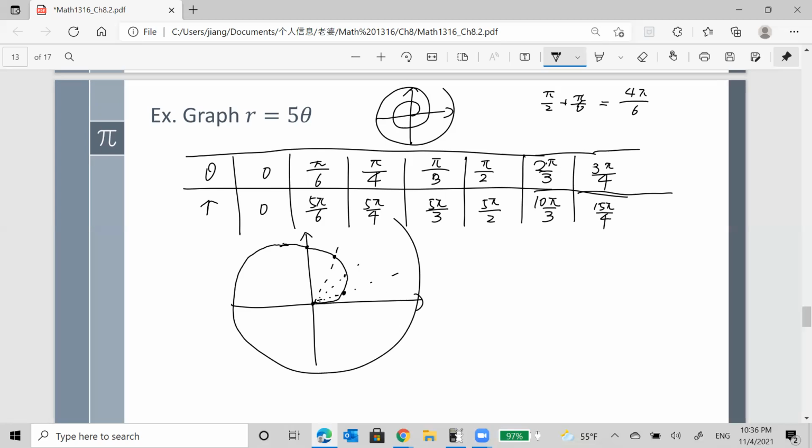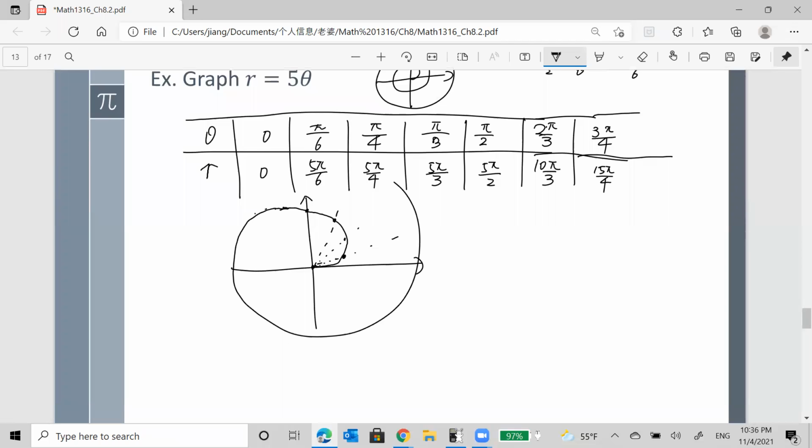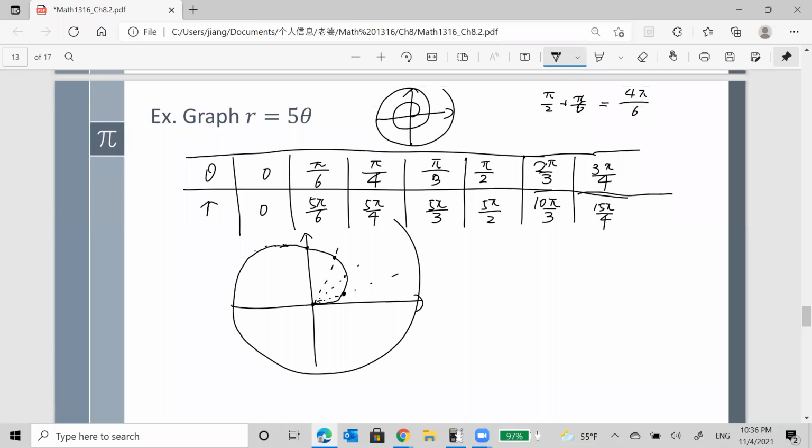So just plot them randomly because I don't have a scaled polar system plane. So you use this way because if you are working on your homework and have a similar question, you insert the points. Say maybe they ask you for 6 points, you insert 6 points here.